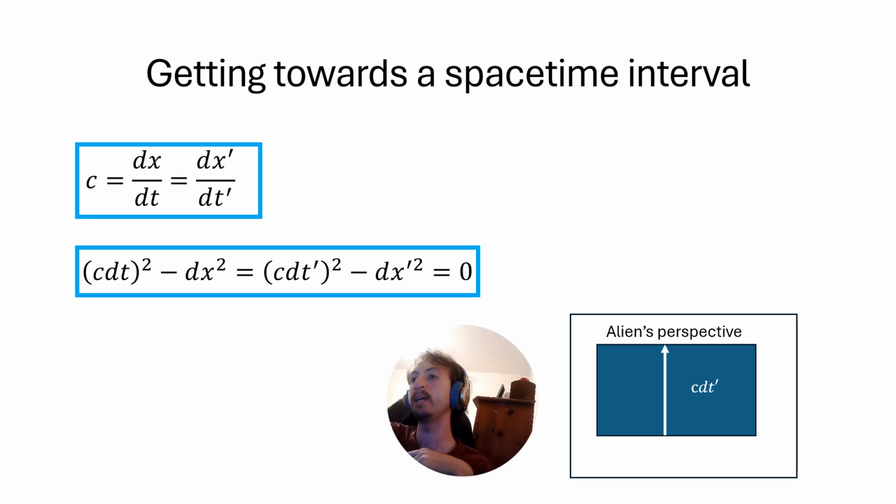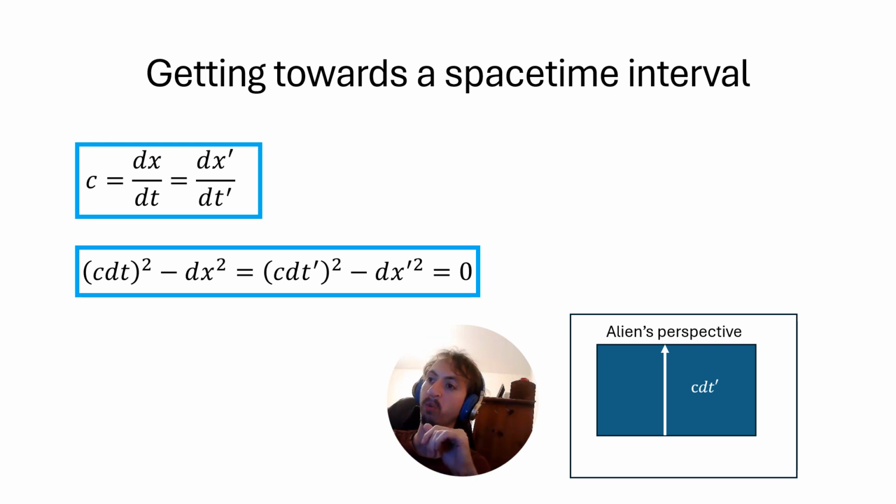Well, we can now consider what the space-time interval between events would be for the alien and the human. Our first event is the alien firing the laser beam from the ground.